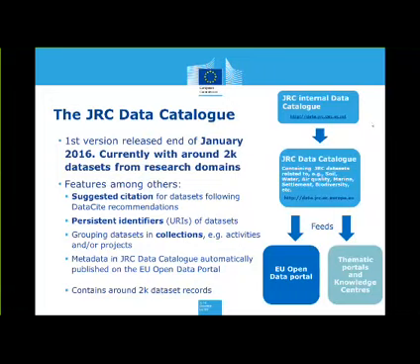So the address is data.gsc.ec.europa.eu. But this is just a copy of the European Open Data Portal, the part that is regarding the GSC datasets. And the nice thing is that we have a persistent identifier for all our datasets, and that we can use the datasets as citations as well in the publications. Okay, this is something that we have as an added value for the catalogs, for the datasets that are in our catalog. So we can pass to the next slide.